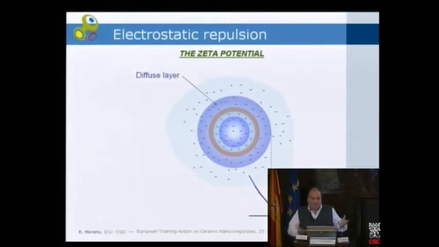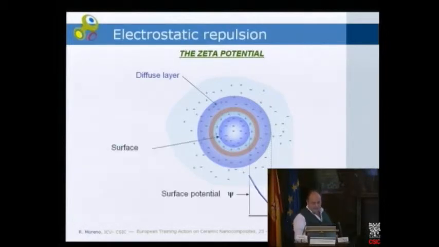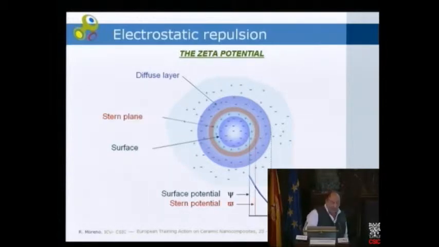The experimental technique we use to measure the stability of a suspension is the zeta potential. Let me show that picture in which we have the particle at the surface. We have a surface potential, and there is a double layer with one monolayer strongly adsorbed to the surface, and a diffuse layer moving towards the medium.